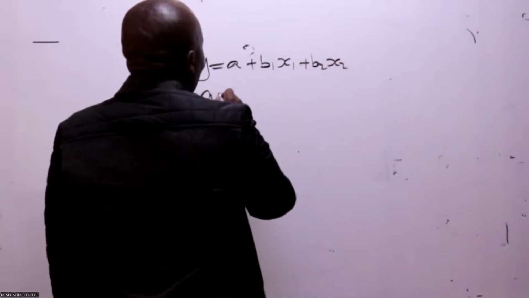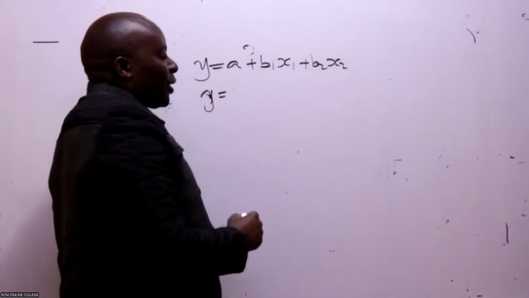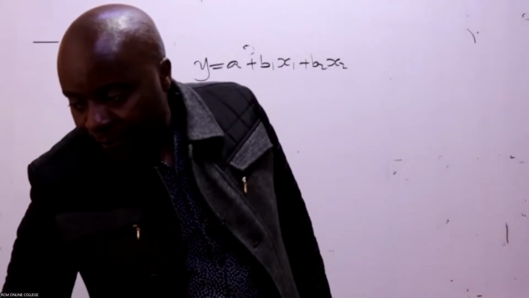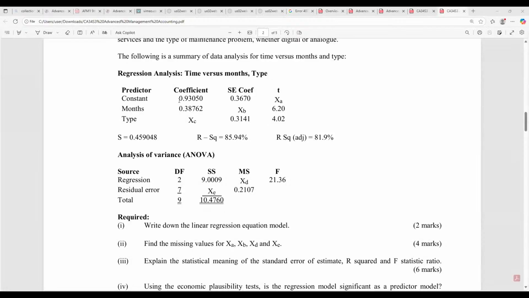Remember, this a is the constant coefficient. It is the y-intercept, so a has been given to us. So a is 0.93050 plus b1. I can see the coefficient here, 38.762 x1, and then plus b2.